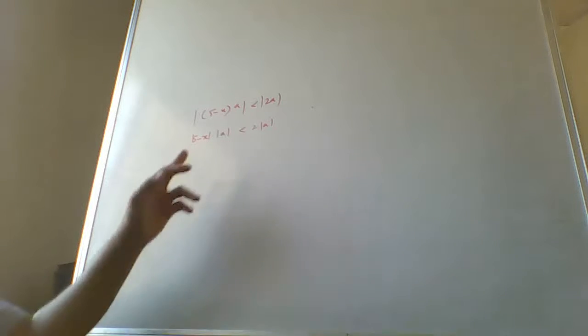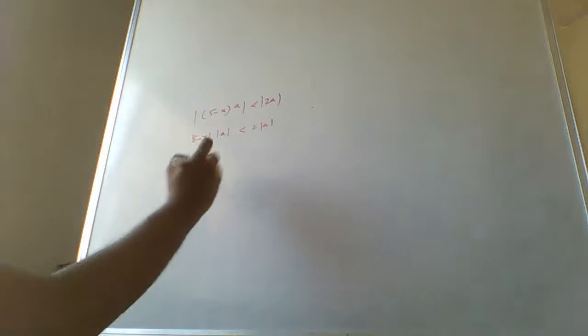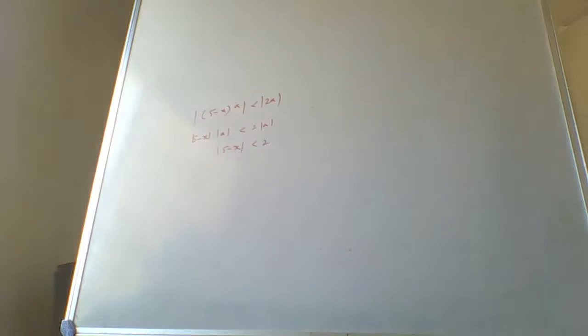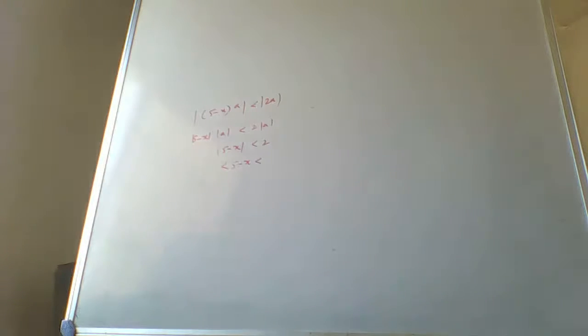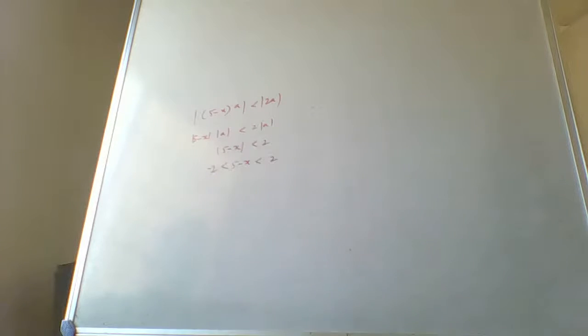So I can cancel mod A. I'll be left with mod of 5 minus x less than 2. Now when you remove mod, you'll have the inequality ranging from minus 2 to plus 2.